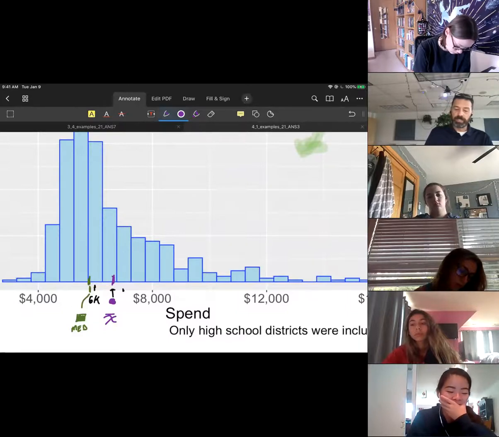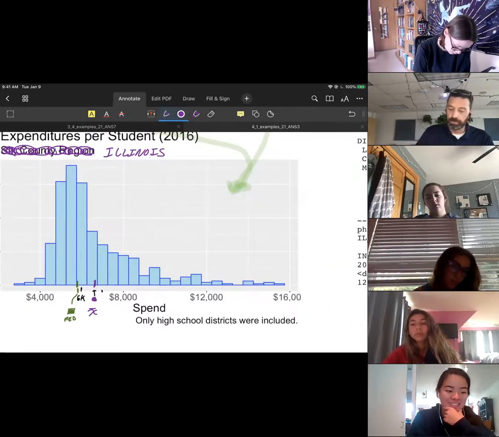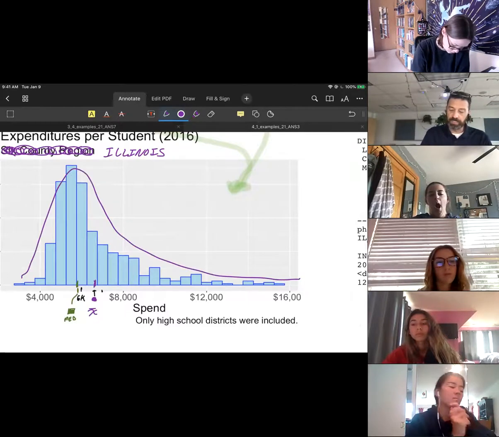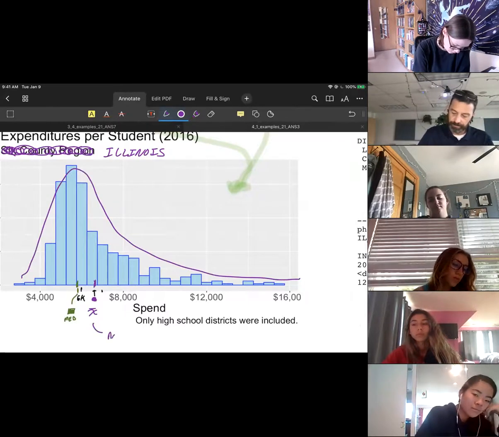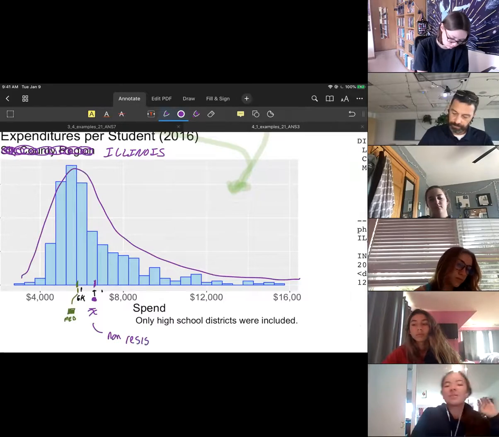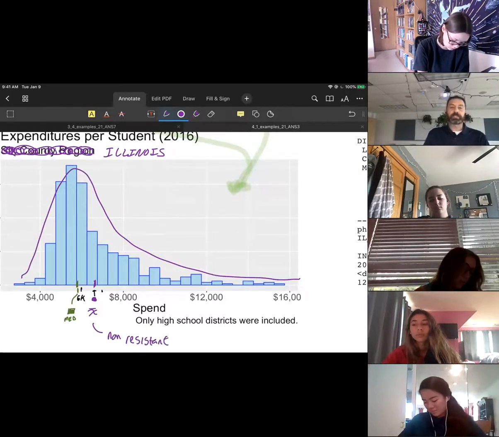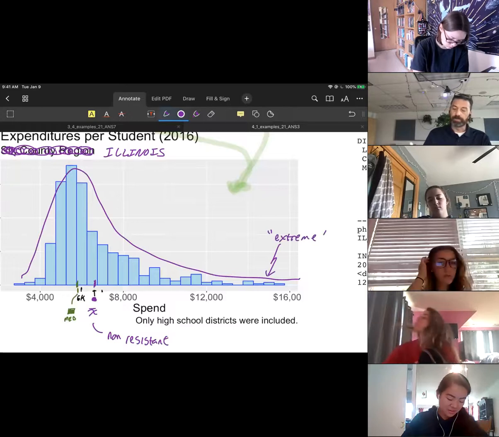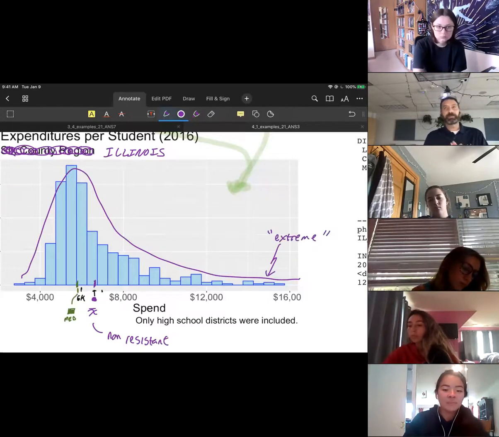Why did that gap happen? Well, it's related to shape. Because the distribution is skewed right, and I'm going to draw that skewed right back on there, okay? And because the mean is non-resistant, the mean gets dragged towards the extreme values, okay? These would be called extreme, or towards the tail values. And notice I didn't say outliers, okay?